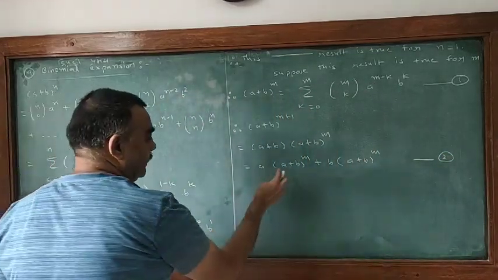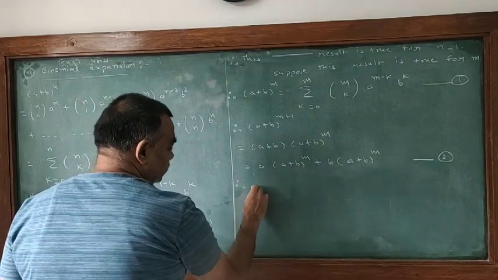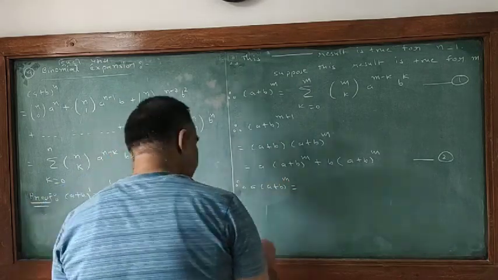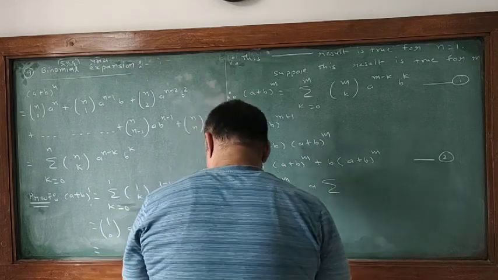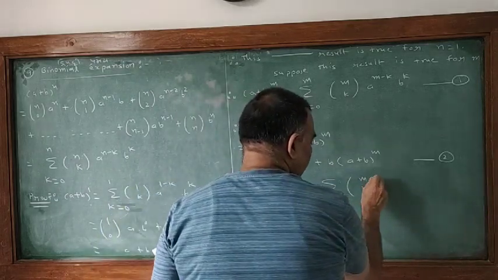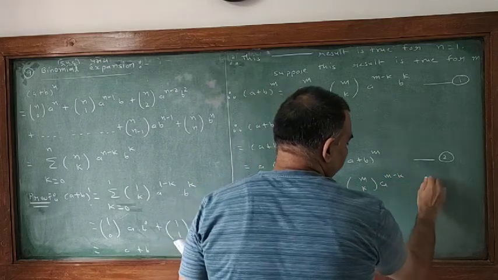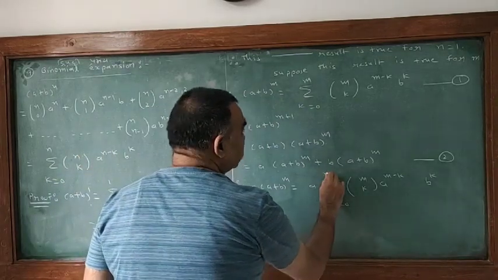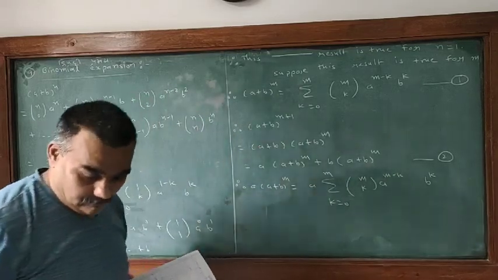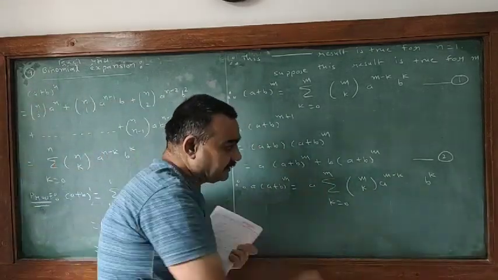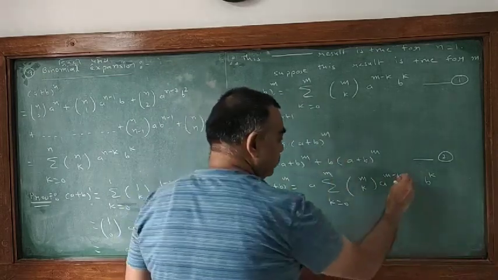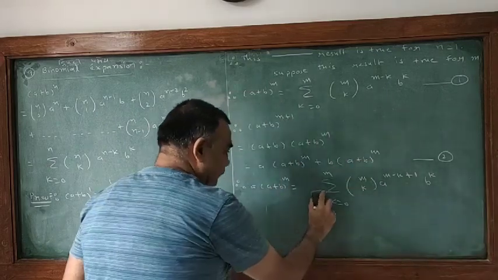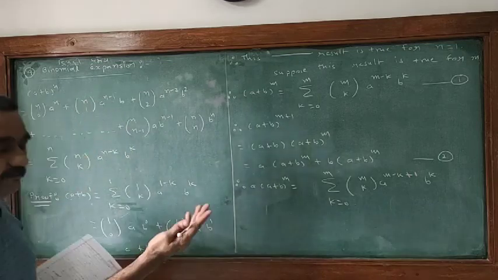Now we find a simplification for this, and therefore a into a plus b raised to m into sigma mCk, where k is running from 0 to m. If I take this a inside, the power becomes m plus 1 minus k.